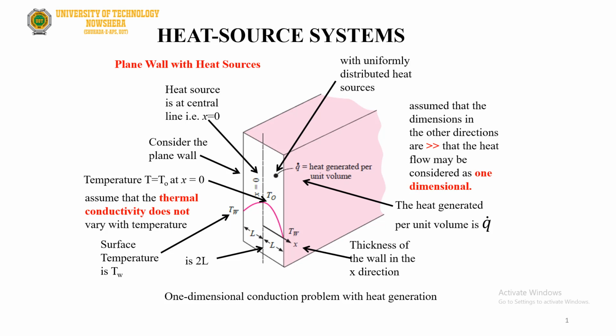So initially we will consider a plane wall in which there is a heat generating source. Now you can see in this figure that there is a heat generating source inside the wall. Example of heat generating source can be, for example, there is an electrical resistance passing through the wall inside, and which is generating heat.